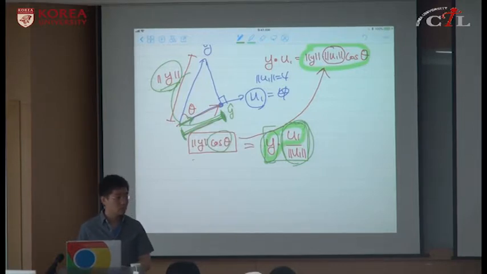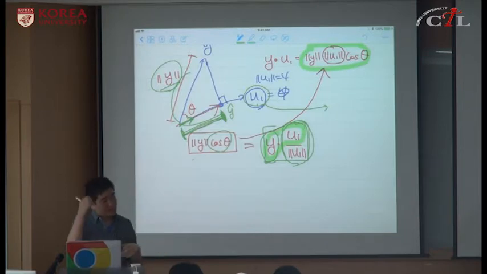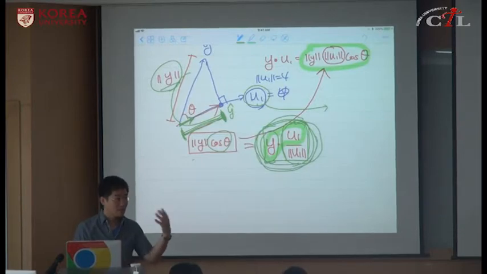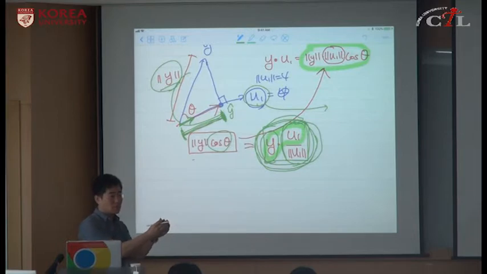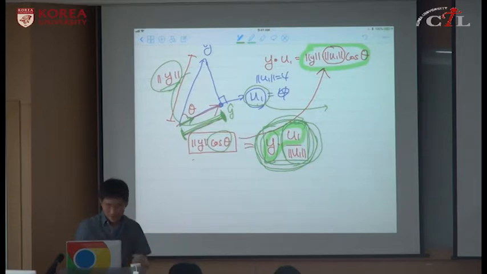This is just the length, and in order to obtain the vector, we need the direction, which is of course u1. We want the vector that has the same direction but a length of 1, since we computed the length separately. And that vector is again the unit vector of u1.